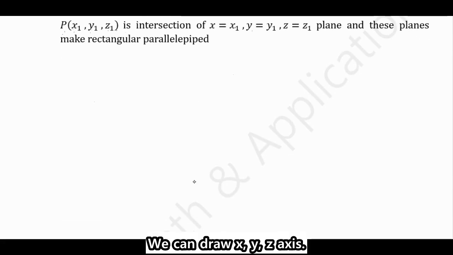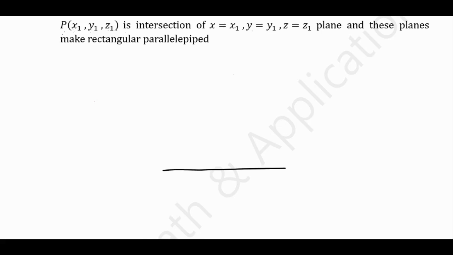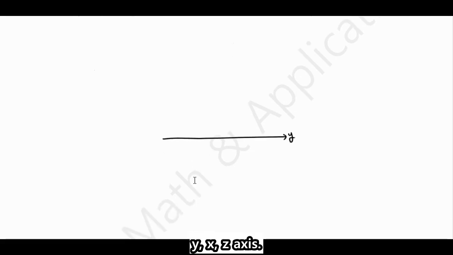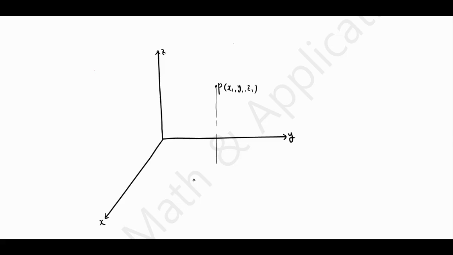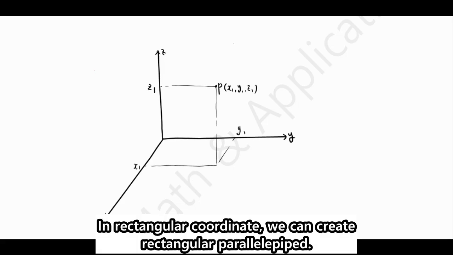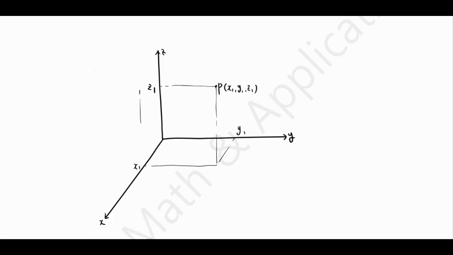We can draw X, Y, Z axes, and point P is x1, y1, z1. In the rectangular coordinate, we can create a rectangular parallelepiped like this.